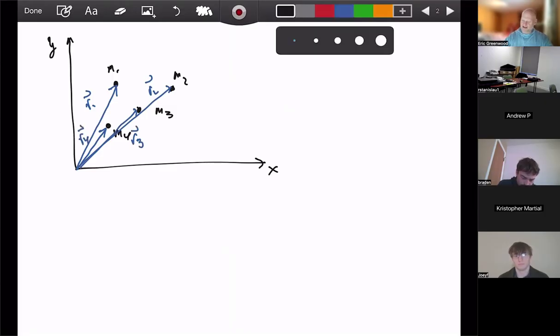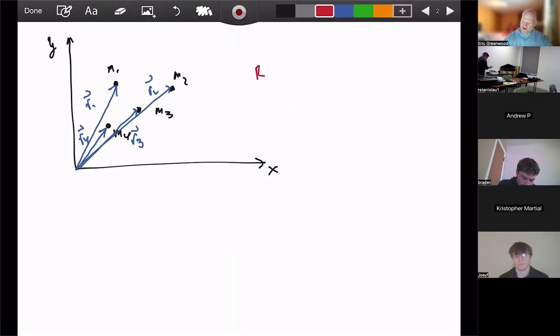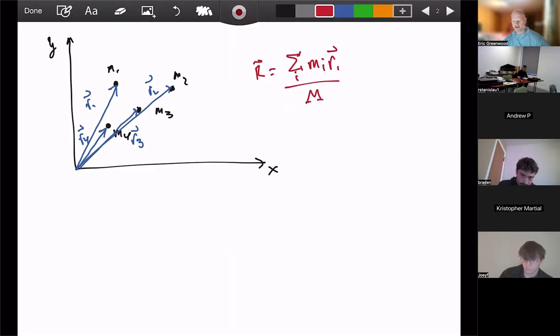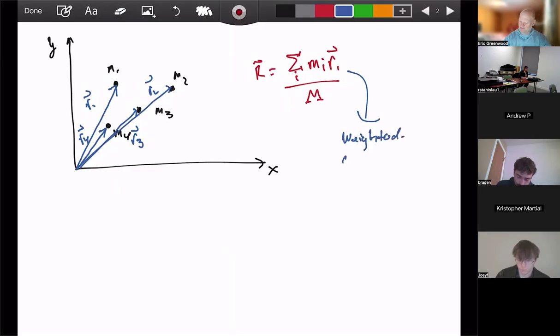In this case, we define the location of the center of mass, capital R, as the weighted sum of the mass of each object times the position of the object, divided by the total mass, which we write as capital M. So this is simply a weighted average, which weights the location by its mass.